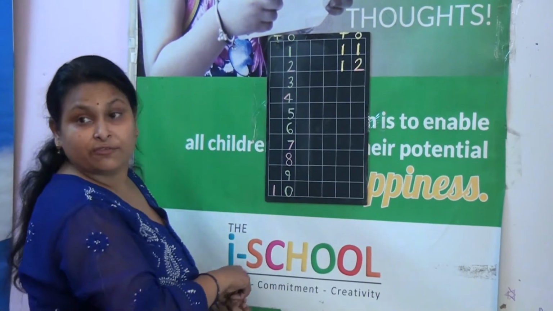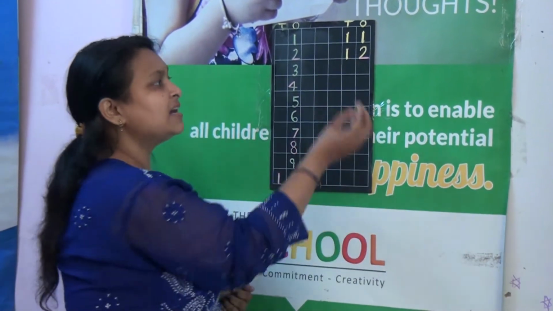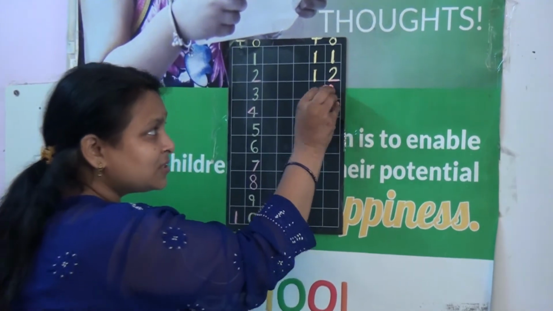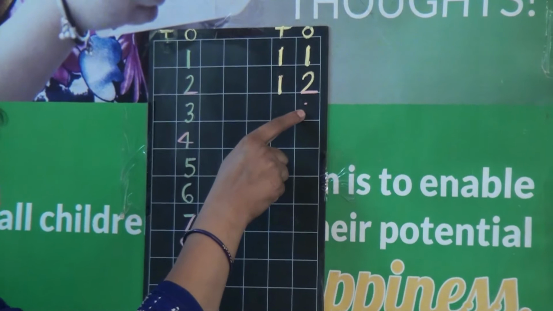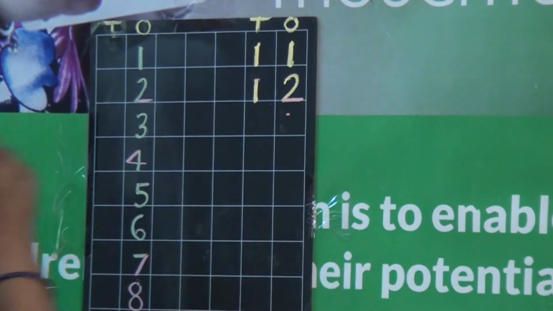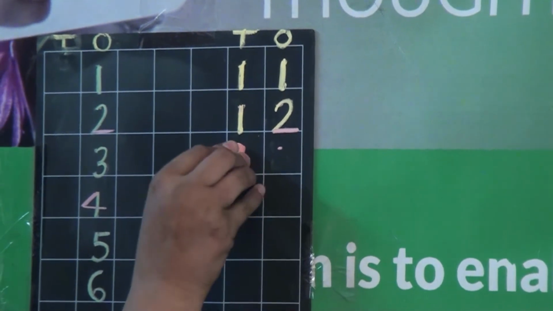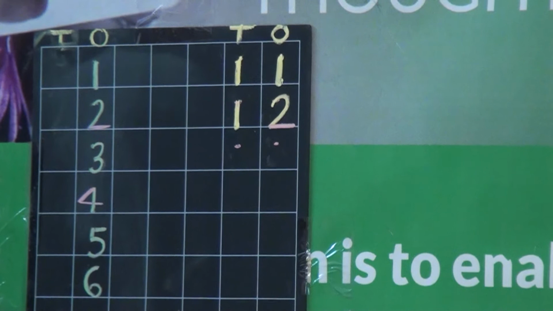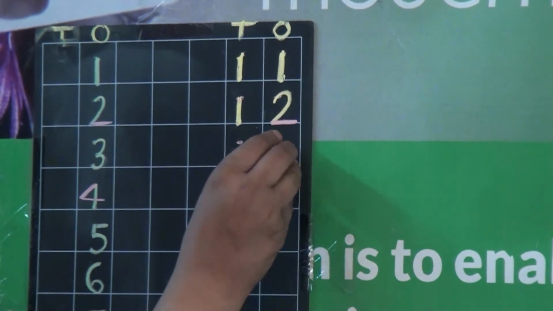Next, what's come after 12? Do you know now? Yes, 13. How to write? First we make a point in center of the blocks. Then make it curve here in ones position.